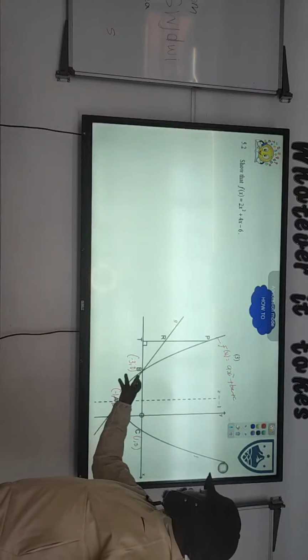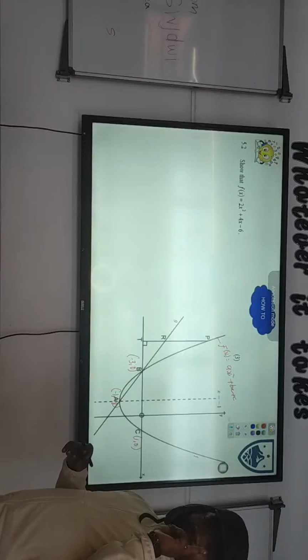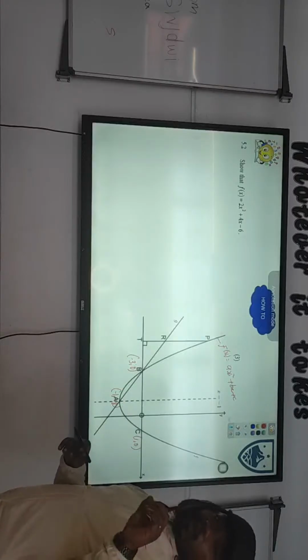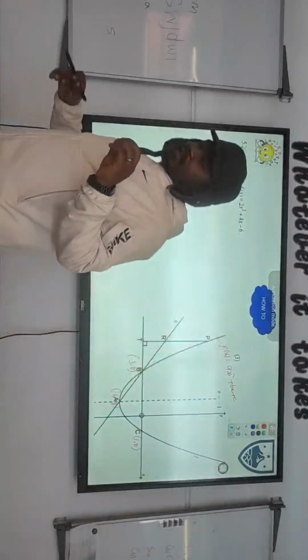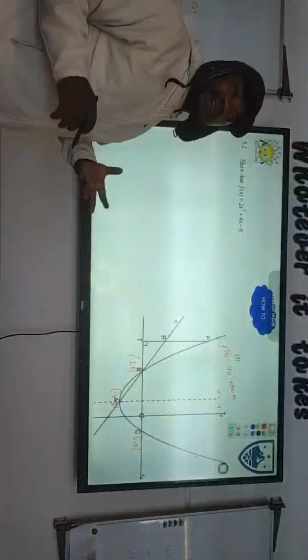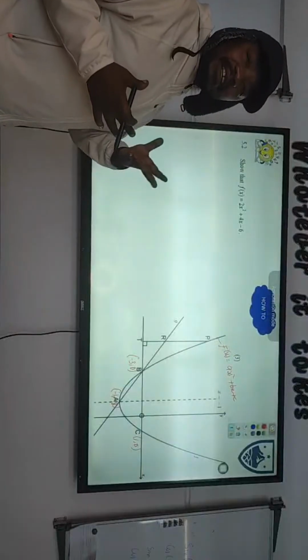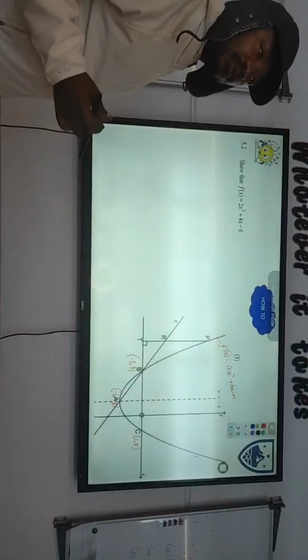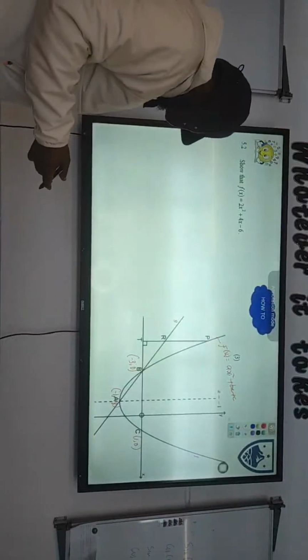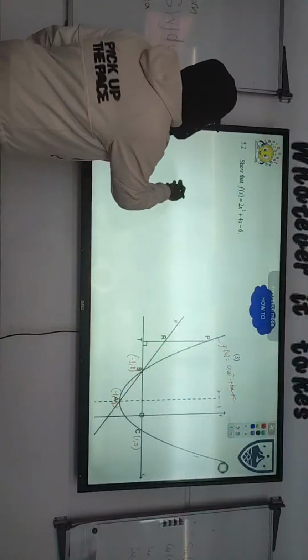Because we have a turning point and we have the intercept, I'm going to try it in two different ways and see which one is easier for you to understand. But you need to know both skills in case you have a different scenario that will force you to use that skill. Let's use the turning point.